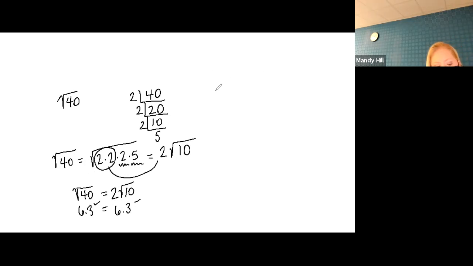Okay, let's look at the square root of 18. 18 is not a perfect square. I can't think of two numbers that will multiply together to get me 18. And so I'm going to say, okay, well, 2 goes into 18 9 times. Can't use 2 anymore because 2 does not go into 9, but 3 does. So 3 goes into 9 3 times, and then I can stop here because 3 is prime.